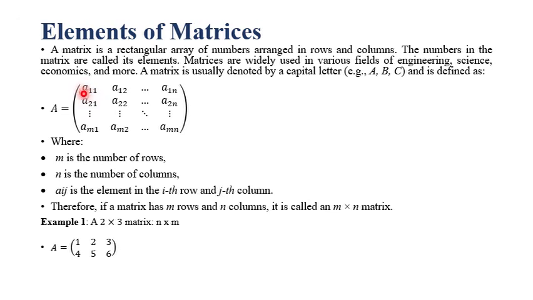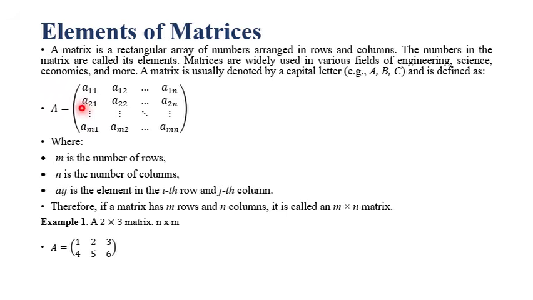So it is written in this form, element A subscript 1, 1, showing that it falls in row 1, column 1. So this second element here is found in row 1 and column 2. This is column 1, column 2 up to column n. This is row 1, row 2 up to row m.